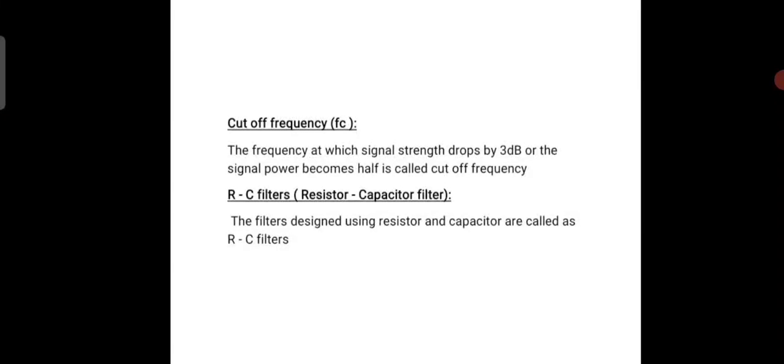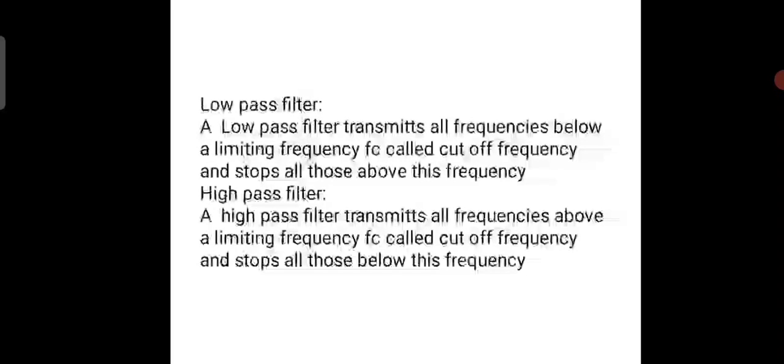Now let us learn about them one by one, starting with the low pass filter. A low pass filter transmits all the frequencies below a limiting frequency fc, that is the cutoff frequency, and stops all those above this frequency. Above the cutoff frequency this filter will not produce an output, which means there will be output voltage below the cutoff frequency.